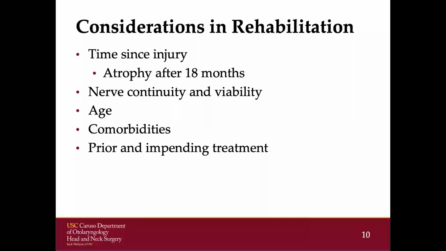For example, if you have a tumor ablation with facial nerve sacrifice, you can immediately repair it with, for example, a cable graft if you can't perform a tension-free anastomosis. But in cases of questionable nerve continuity and viability, like after a CP angle surgery, you may elect to wait.